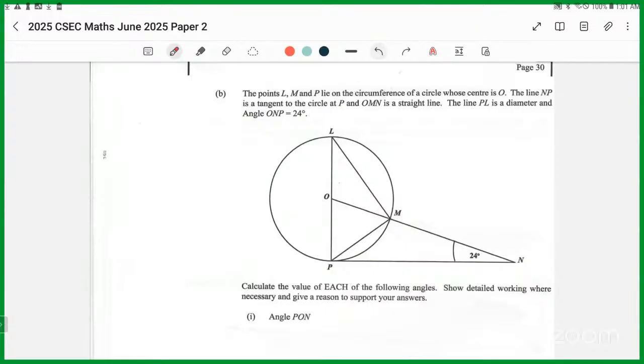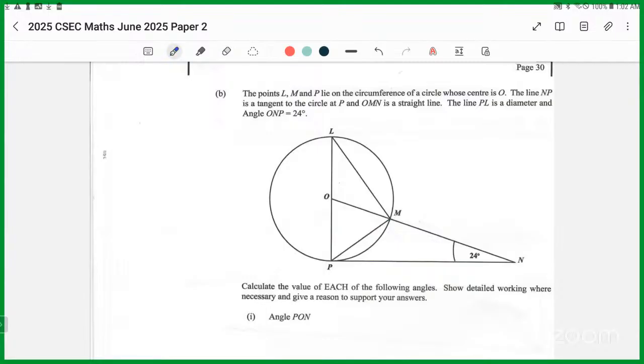Once it's a tangent, you think of tangent and radius being 90. For tangent and chord, the angle between the tangent and the chord is equal to the angle subtended by the chord at the circumference in the alternate segment. So if this angle is theta, then this angle is theta too.